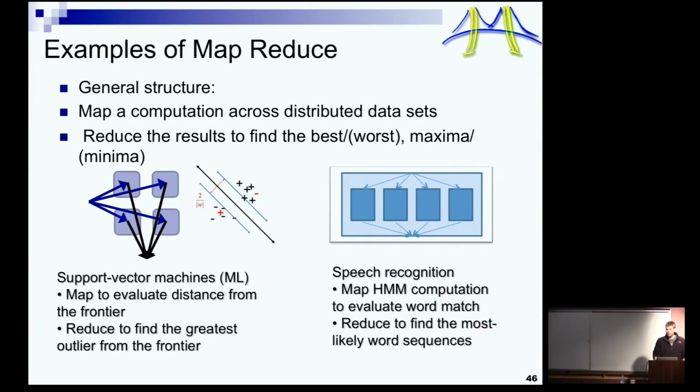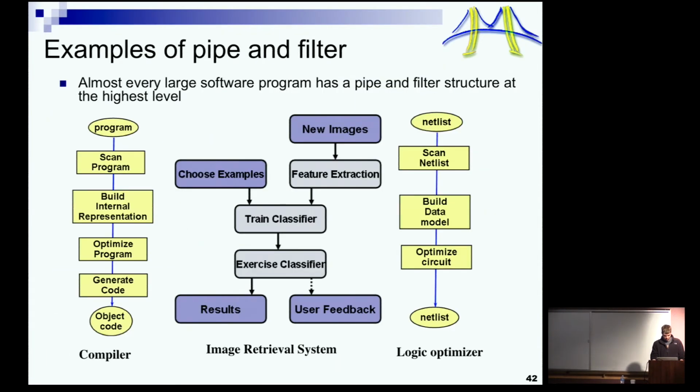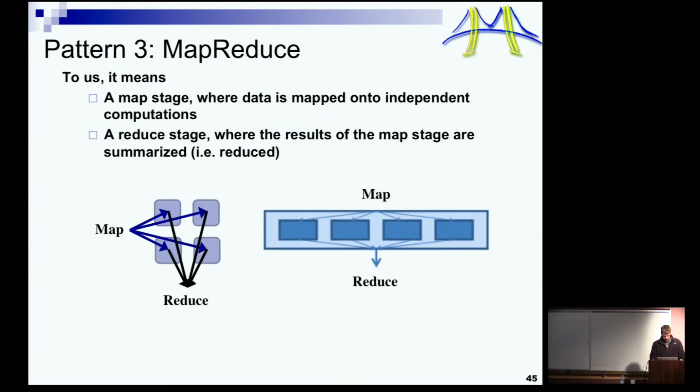Can I ask a question? Yeah, great. So the difference between the first one and this is that each data thing has its own state? The difference between pipe and filter? Yes. Okay, so you're applying one filter but different states. Is that the idea?